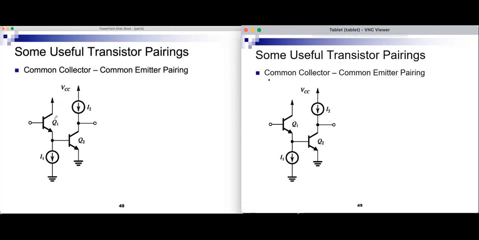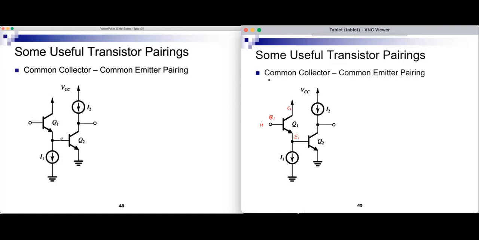How do we verify that this is common collector? In the common collector, the input is at the base and the output is at the emitter, which is the case here. The collector is connected to the supply and therefore at signal ground. So in fact, this is a common collector.